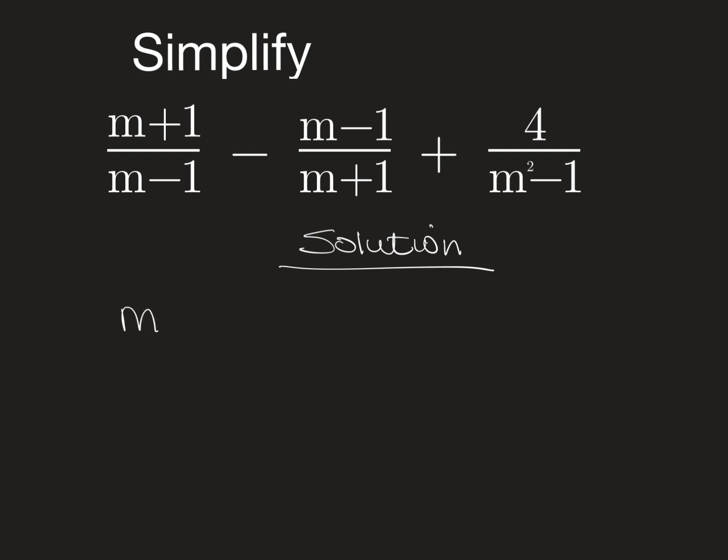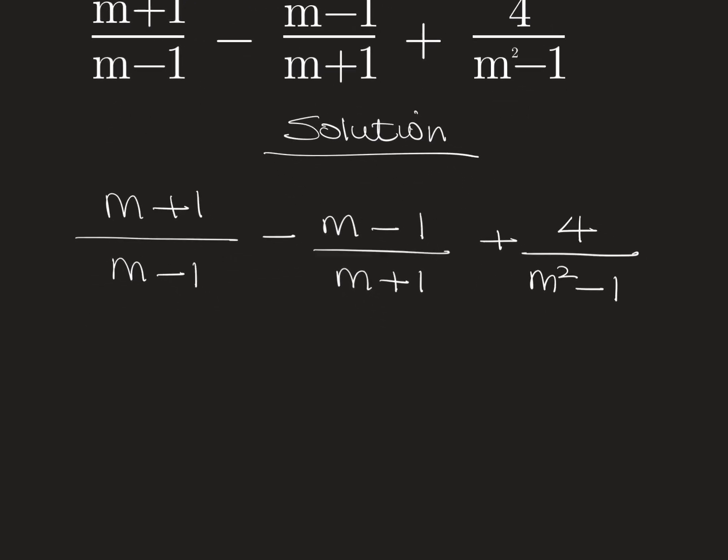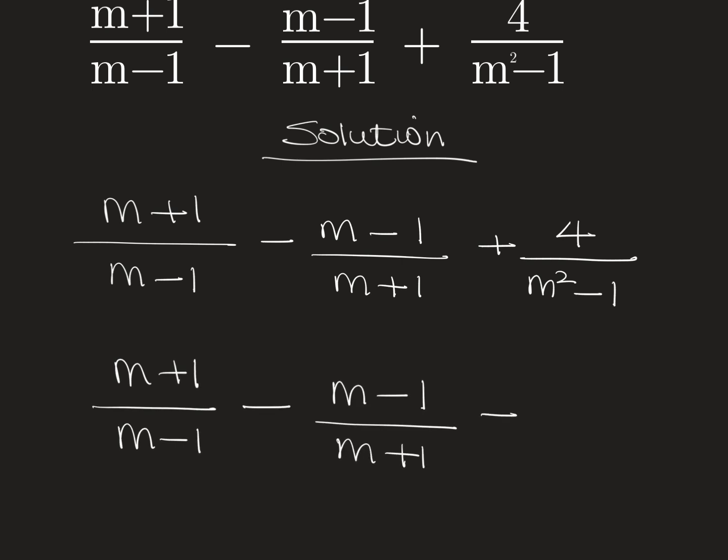So if I have m plus 1 over m minus 1 minus m minus 1 over m plus 1 plus 4 divided by m squared minus 1, we've said that we can express this as m plus 1 divided by m minus 1 minus m minus 1 all over m plus 1 plus 4 all over.